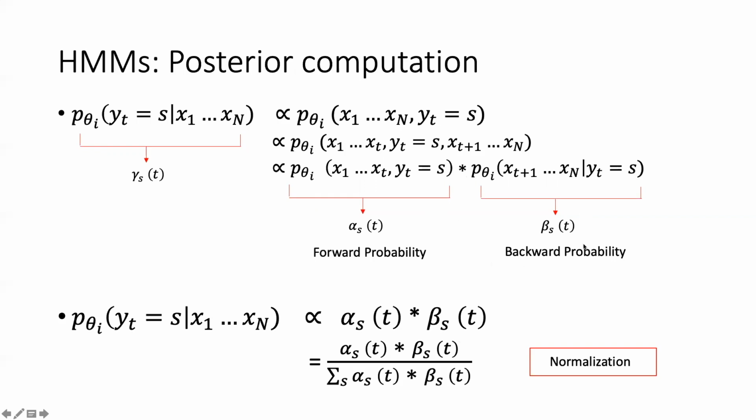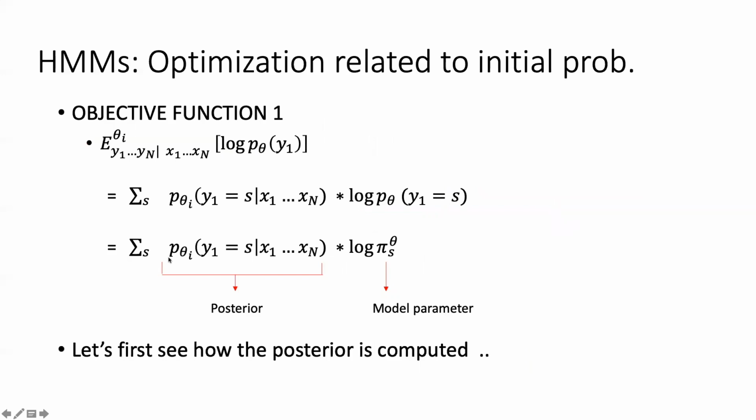So we can make use of the forward and backward probabilities and express this term in terms of alphas and betas. Remember, this is a proportionality. So in order to convert this into probability values, we have to normalize with a normalizing constant by summing over all possible state sequences. Once we obtain the posterior, we can go back and substitute it in this expression.